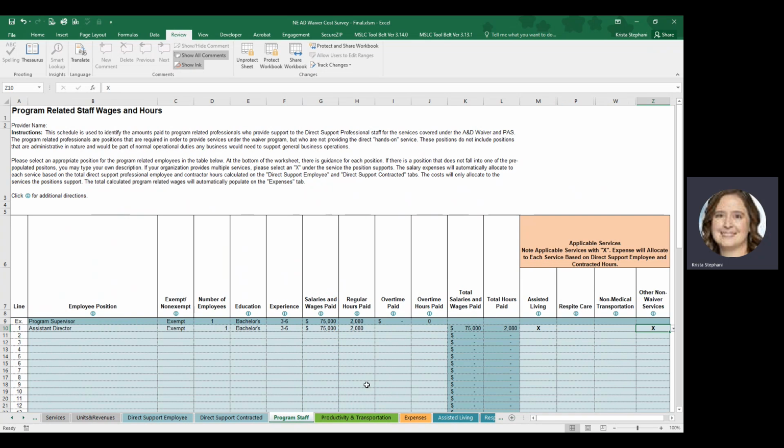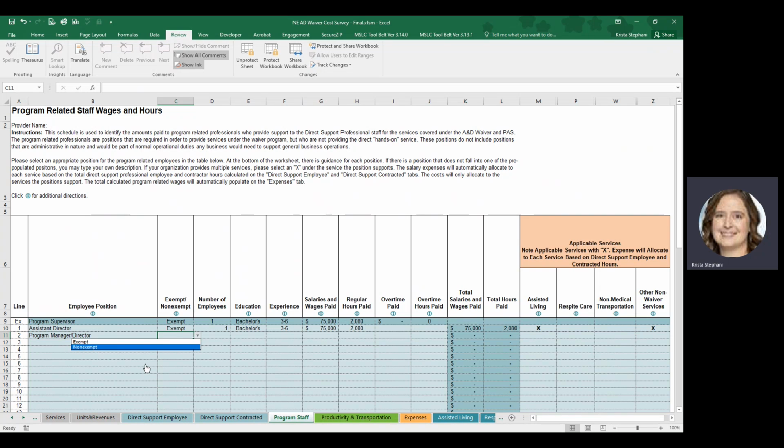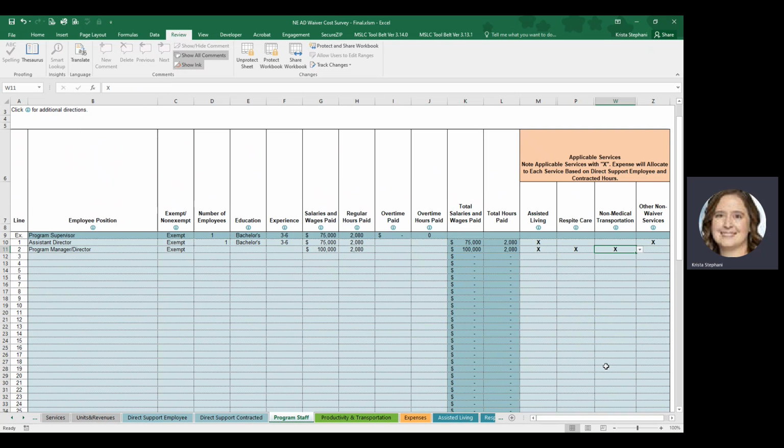And then based on the hours that were reported on the direct support employee and direct support contracted tabs, this will automatically calculate an expense related to each service as it relates to the positions that are selected.